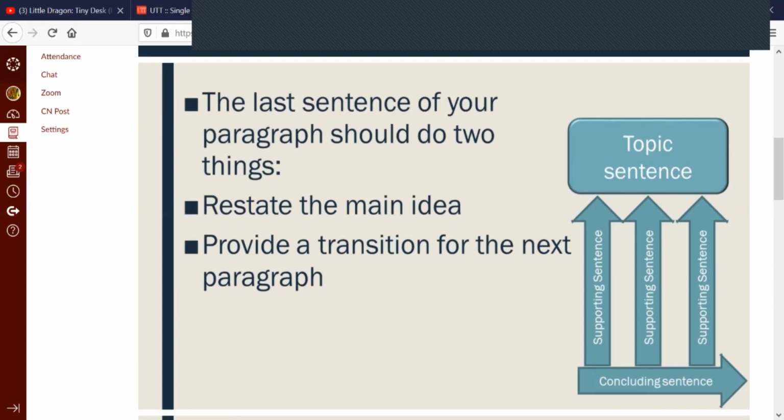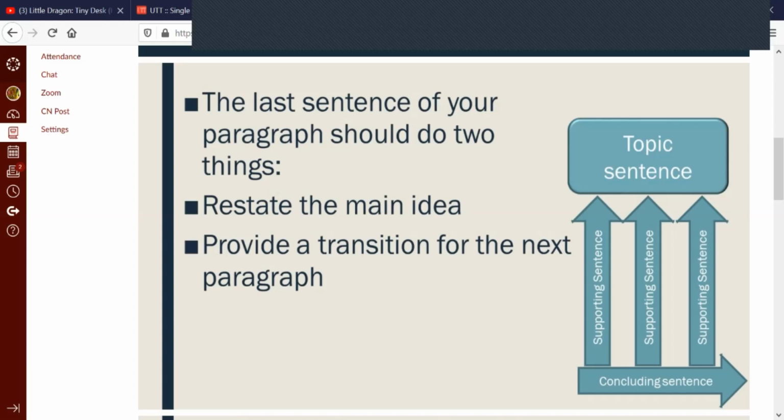So you can think of your paragraph like this. It has a topic sentence, that's the main idea. You have supporting sentences that support your main idea. And then you have the concluding sentence, which sums up everything and then leads into the next paragraph.